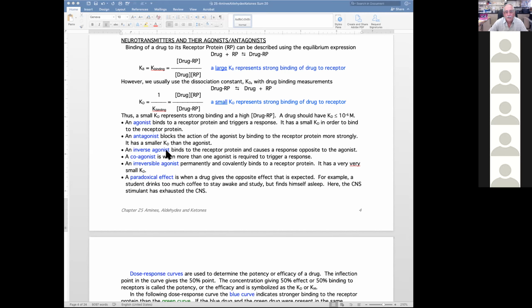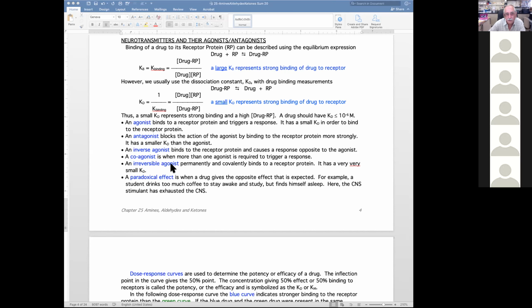So an inverse agonist binds to the receptor protein and causes a biological response that's opposite to the agonist. A co-agonist is when more than one agonist is required to trigger the biological response. An irreversible agonist permanently and covalently binds to a receptor protein.